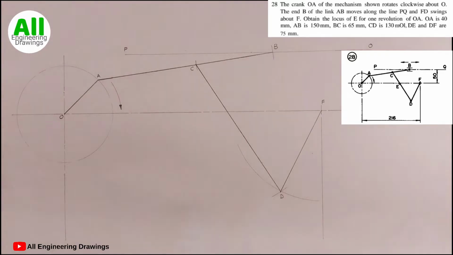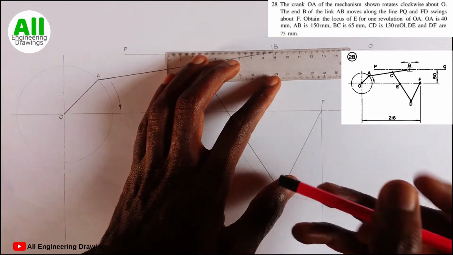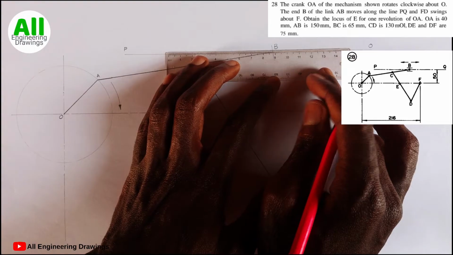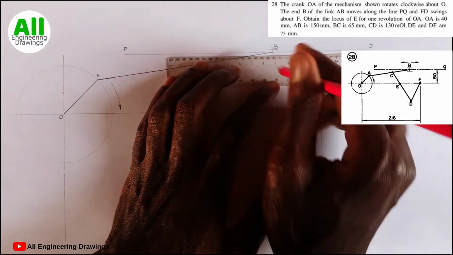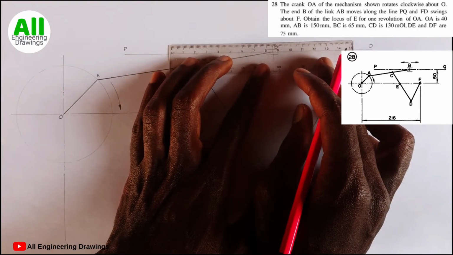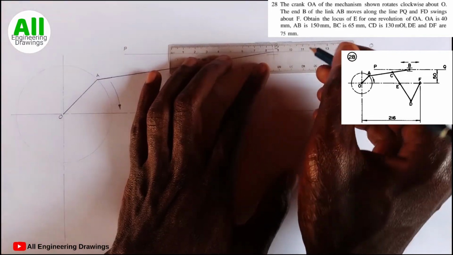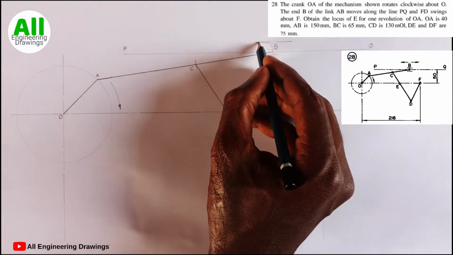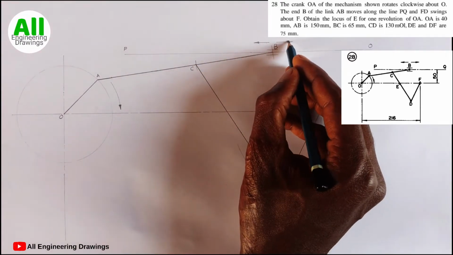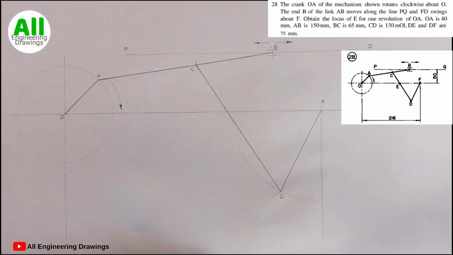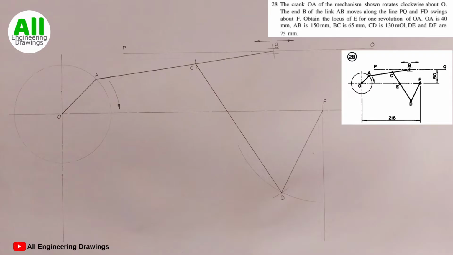Also, the direction of movement of B is indicated in the figure, so I will indicate mine too. We are done with the figure, but we need to complete the question.